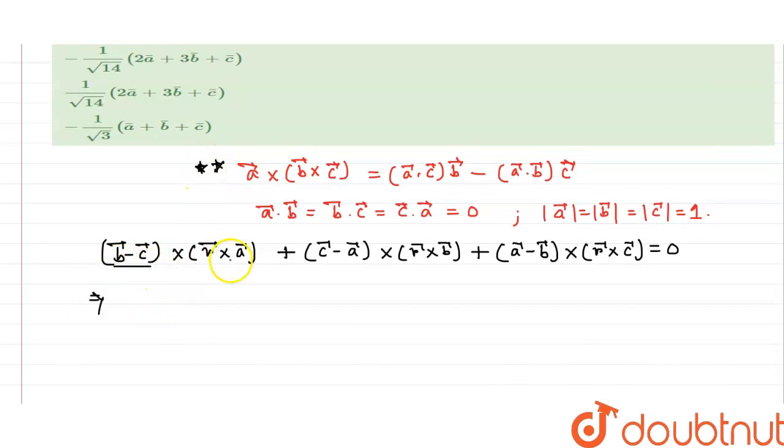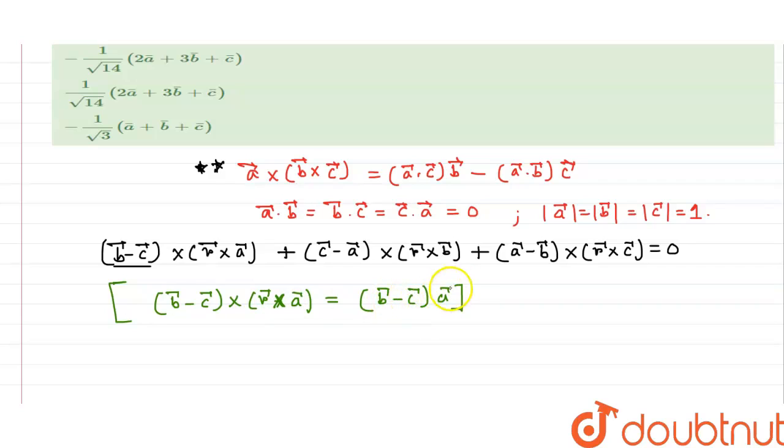So if you individually find out this value, you can see that (B vector minus C vector) cross (R vector cross A vector) can be written as (B vector minus C vector dot A vector) times R vector, minus (B vector minus C vector dot R vector) times A vector.